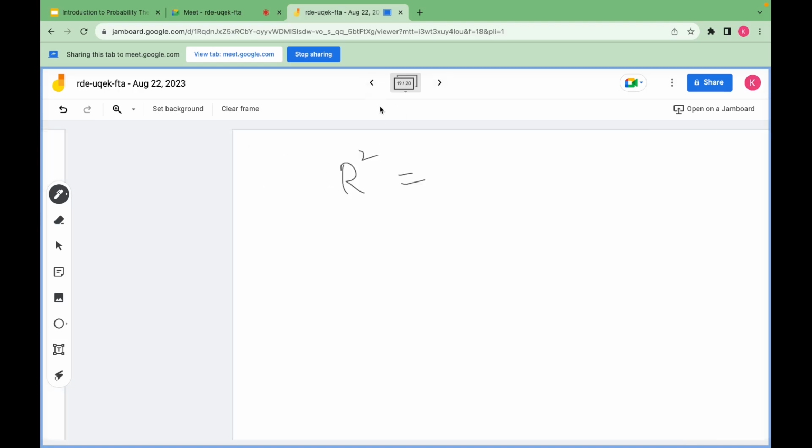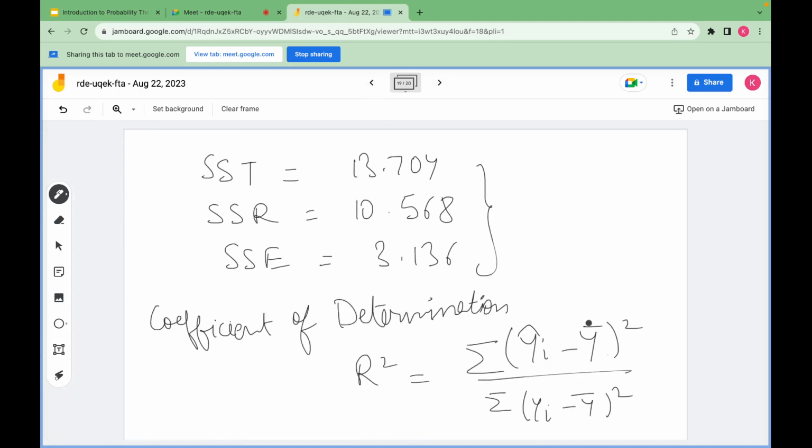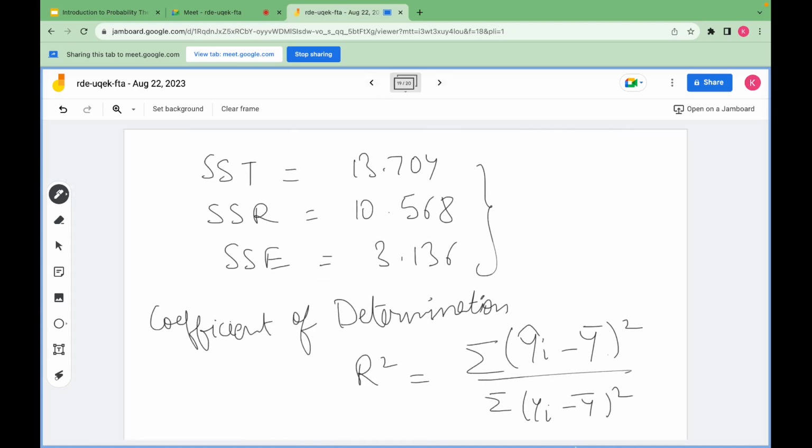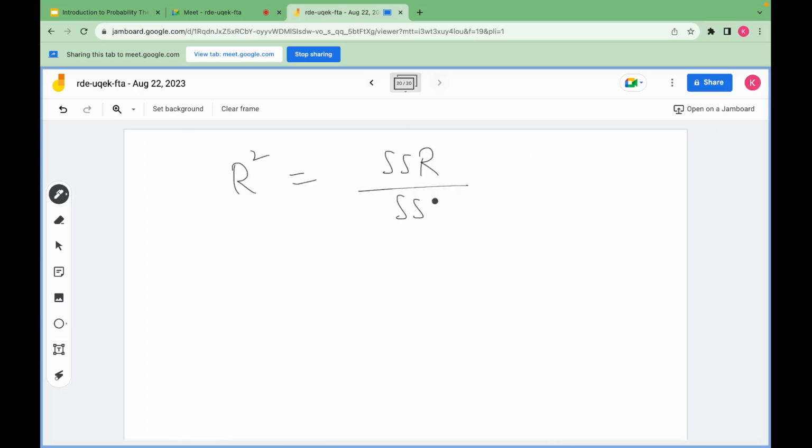So this r square is nothing but SSR divided by SST, where SST is the sum of yi minus y bar squared. So this denotes the coefficient of determination.